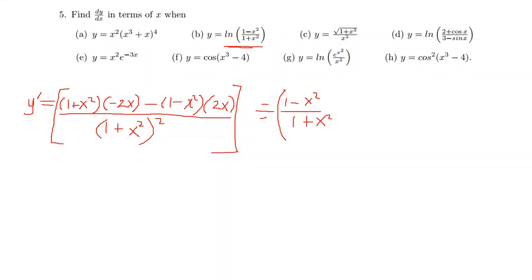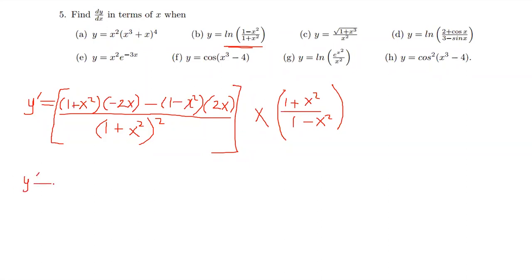Dividing this function by that is just the same as multiplying it with the reciprocal of that. So we reciprocate this, and then we'll have something like this. This is what we're going to have. So we multiply this times that to find y prime.